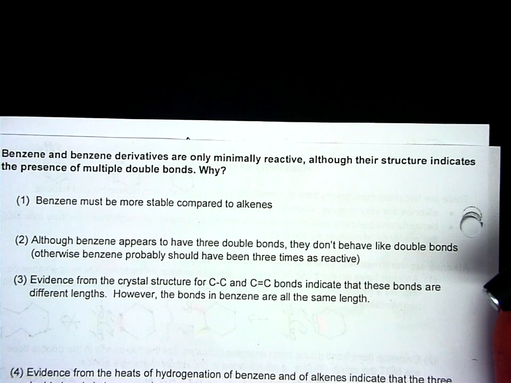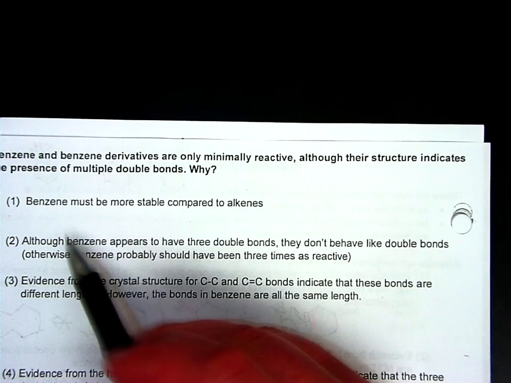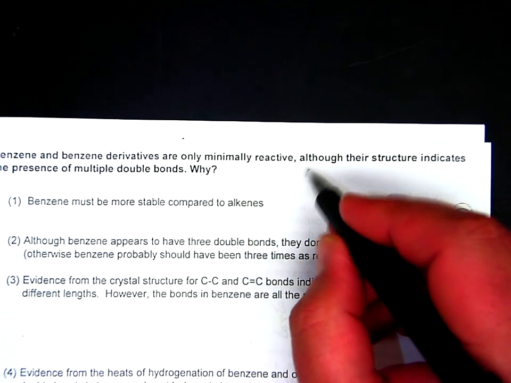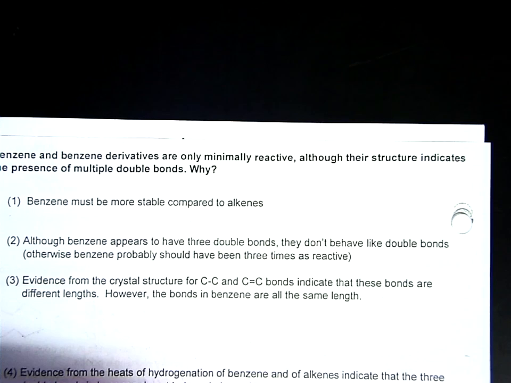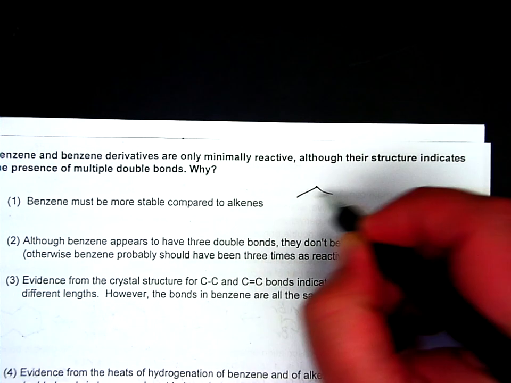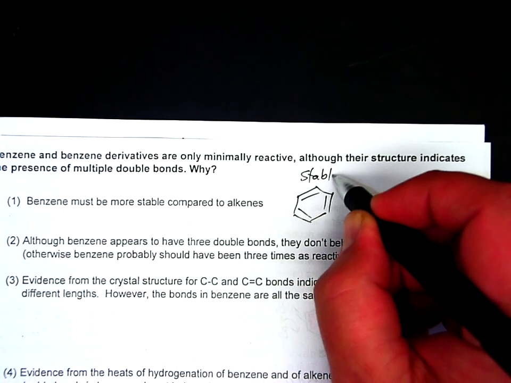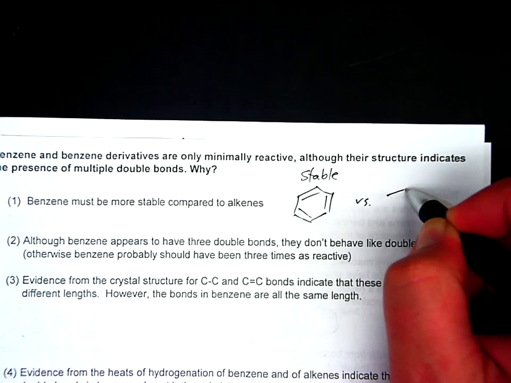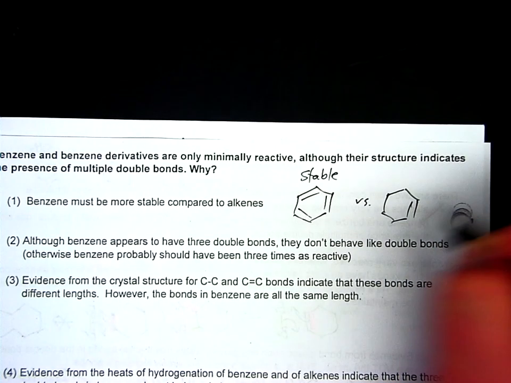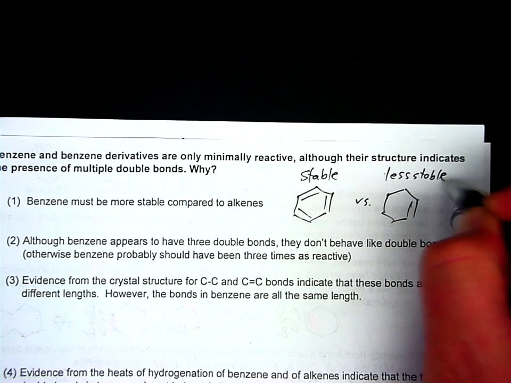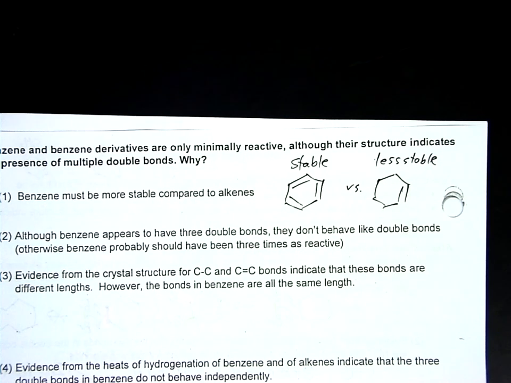So why is that the case? Well, it suggests that benzene and all aromatics must be more stable than alkanes. If it's not reacting, it is going to be more stable. So these aromatics are more stable than the alkenes themselves, which suggests there is quite a bit of difference between these two.